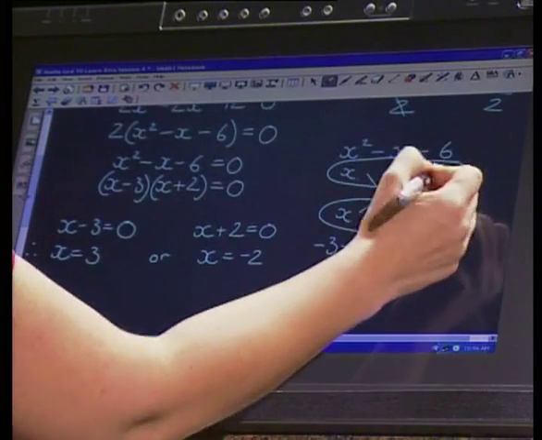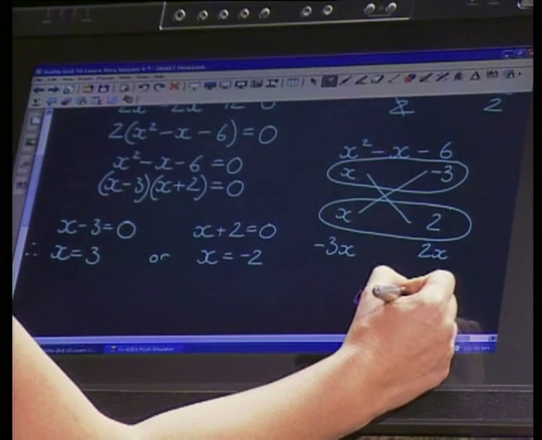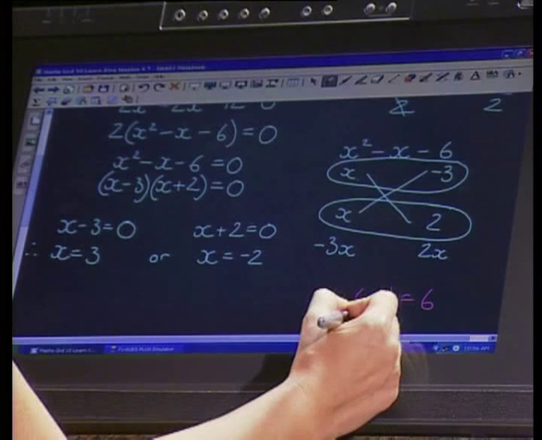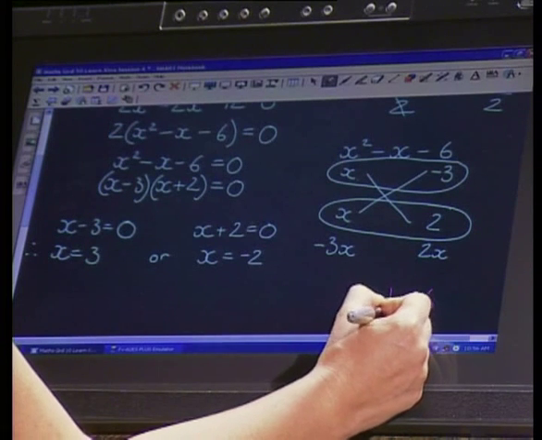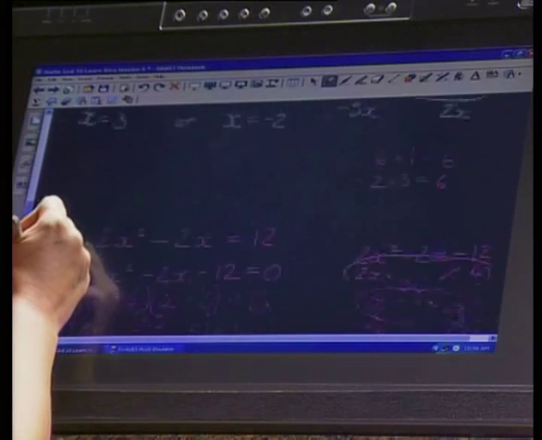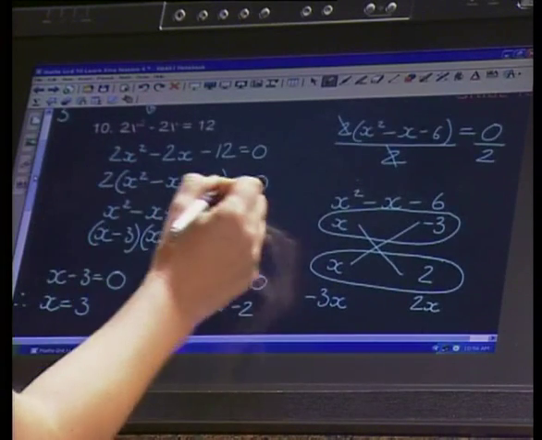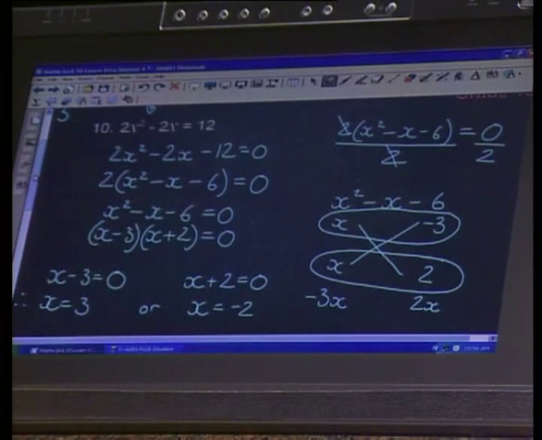For 6, it's only 2 combinations. You've got 6 times 1 is equal to 6, and 2 times 3 is equal to 6. It's far easier to do it if you have taken out a common factor in the beginning of 2. So watch out for that.